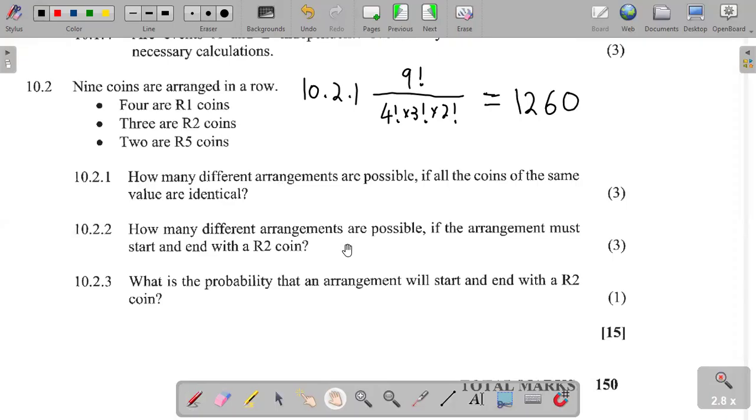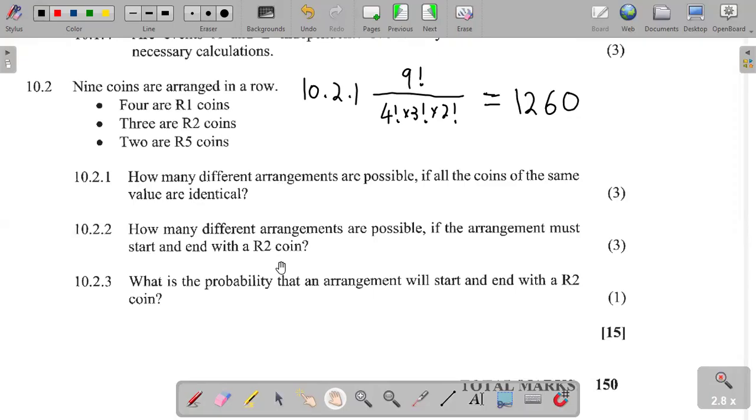How many different arrangements are possible if the arrangement must start and end with a 2 rand coin? So the arrangement must start and end with a 2 rand coin.